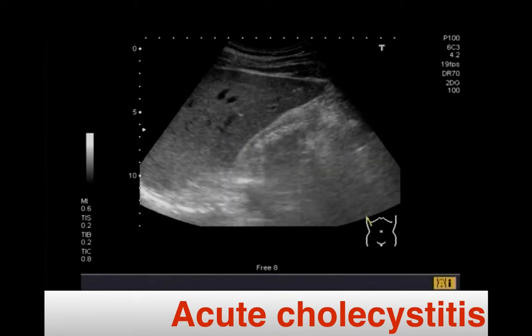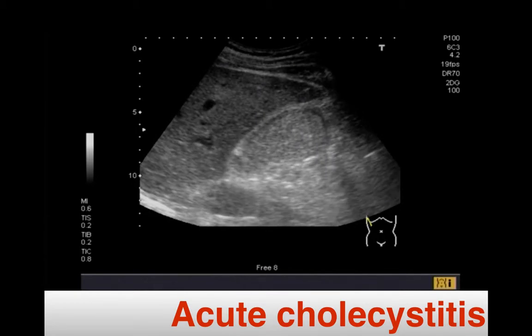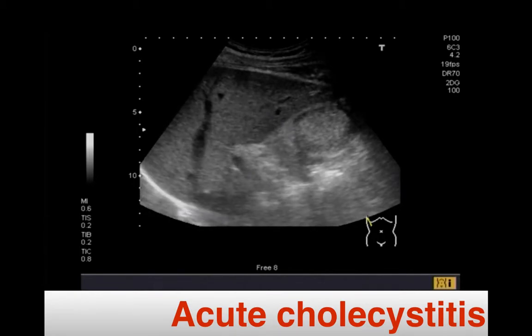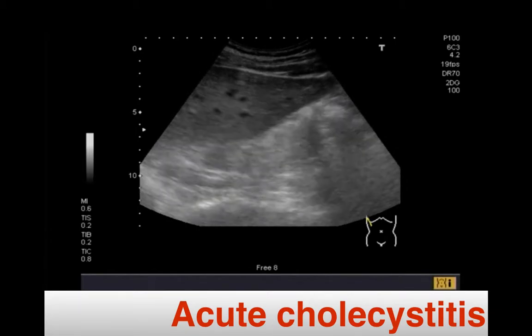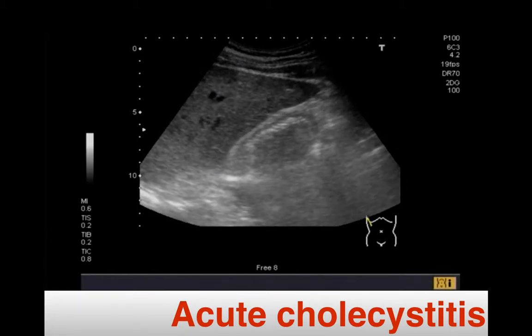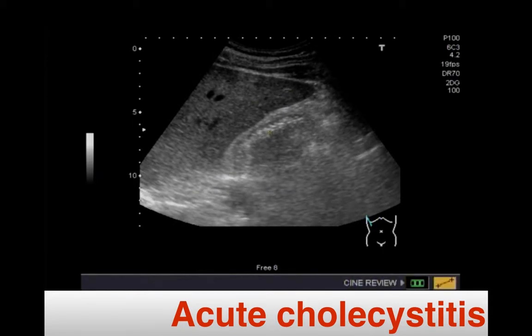This is a gallbladder full of stones and echogenic sludge, right? Some stones, some sludge, but no clear black bile inside. We measure the anterior wall, outer to outer.